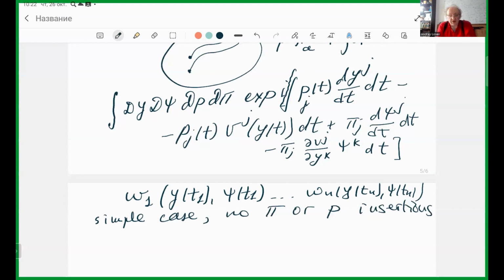Then the good question is what we will get. We will get something; it may be computed as follows.